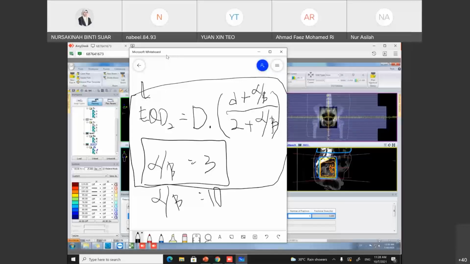But in one plan, the most important is not the tumor, I cannot say it like that. The important thing is both the normal tissue and the tumor, but we put priority on the normal tissue first. For example, the spinal cord maximum dose is 45 gray. When the patient receives more than 45 gray at the spinal cord, what are the consequences?